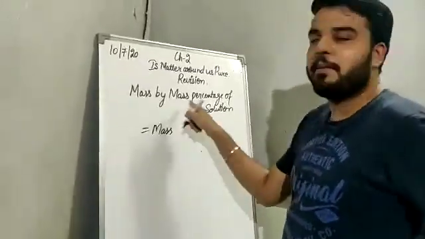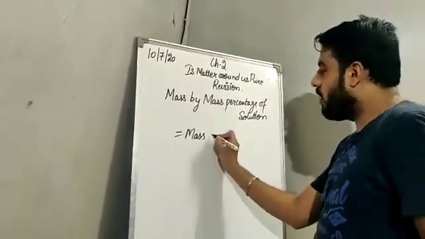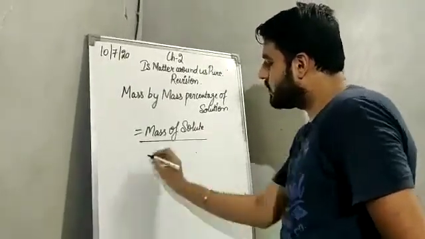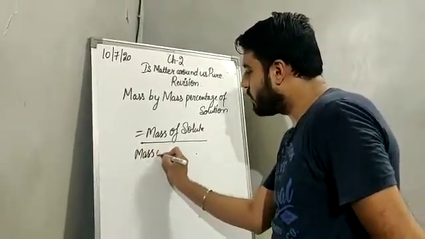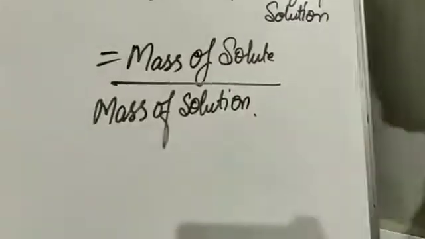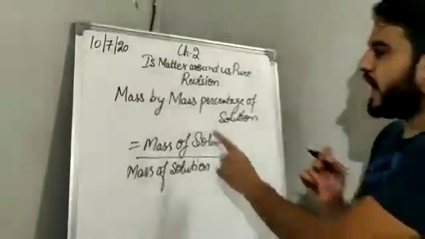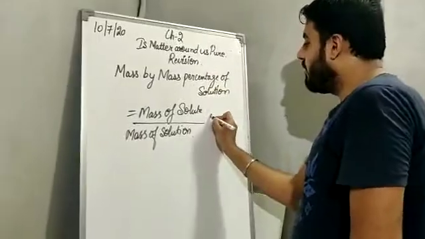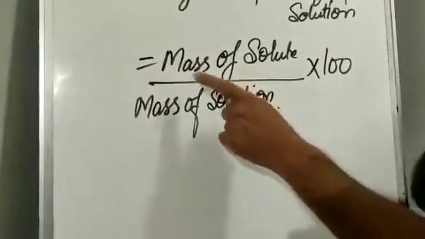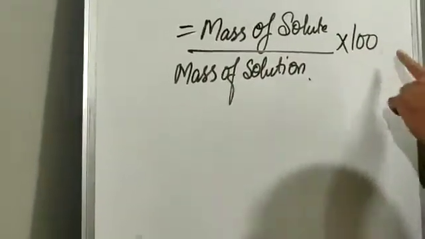So first of all, mass of solute upon mass of solution, and as it is a percentage, we will multiply it by 100. So the formula becomes mass of solute divided by mass of solution into 100.